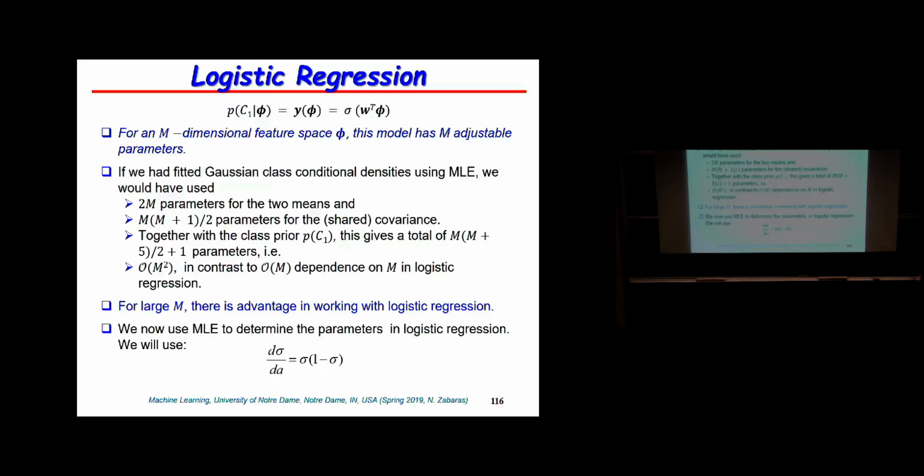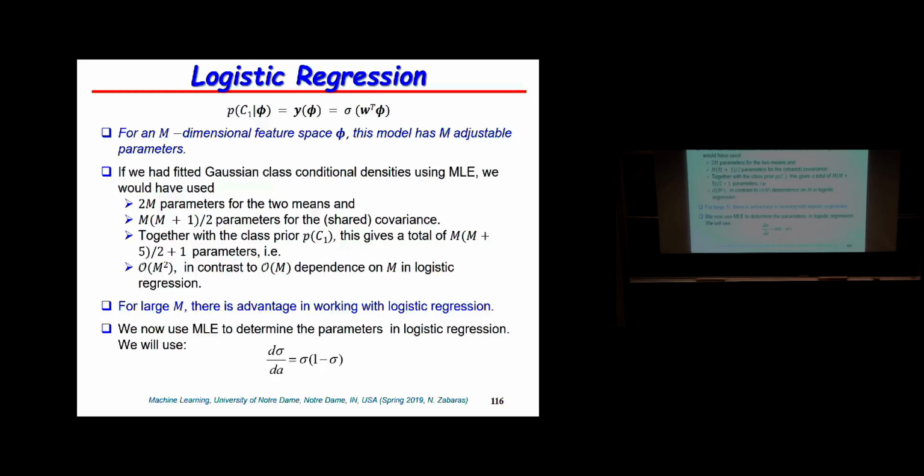Also, here, unfortunately, because this is a nonlinear function, the very nice MLE estimates we did for generative models will not be applicable here. So the calculation of the MLE estimates would be more involved.